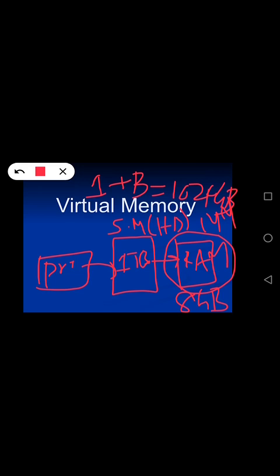Then how is it possible to execute such a program? It is possible using the technique called virtual memory.